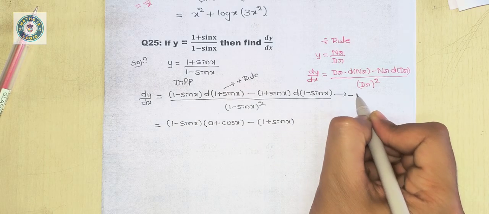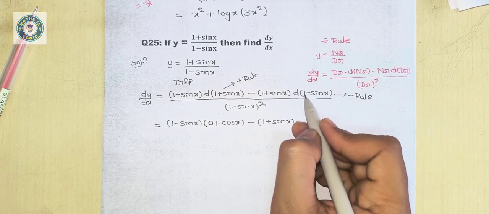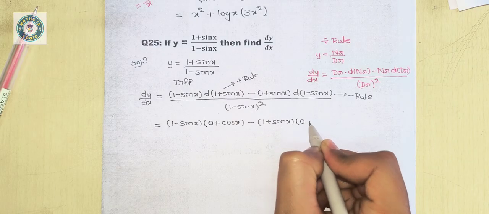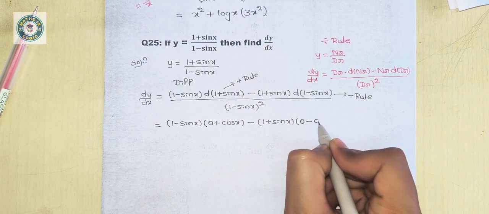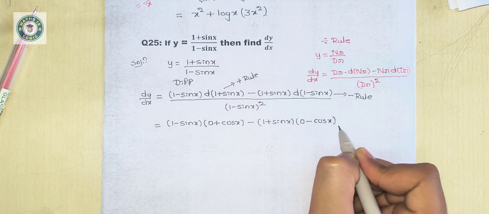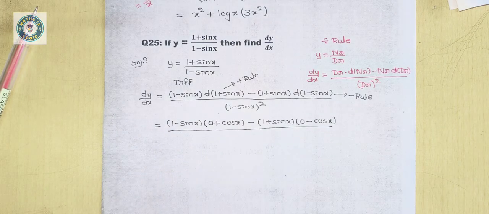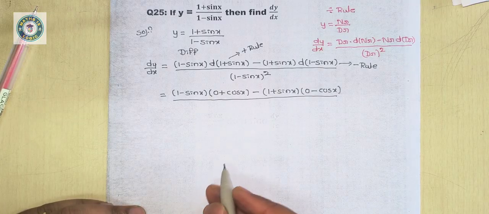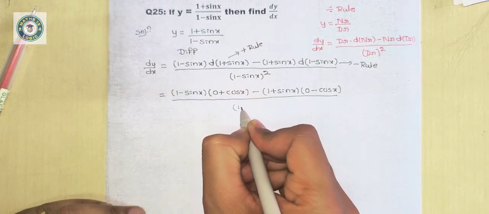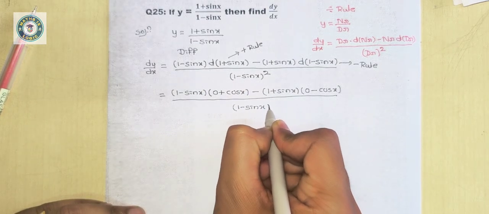Here we are going to apply the minus rule. So again 1 differentiation is 0, minus sin x differentiation is what here? Cos x, divided by 1 minus sin x whole square.